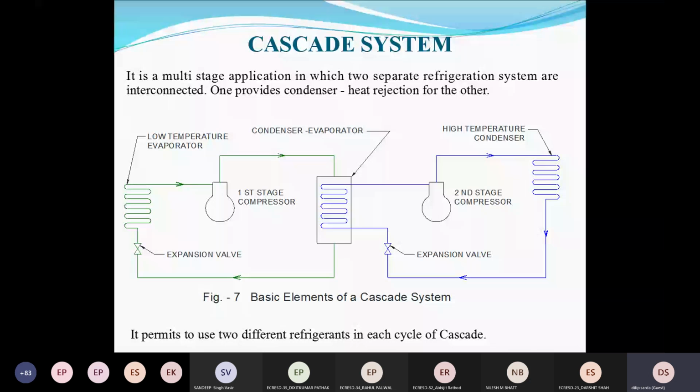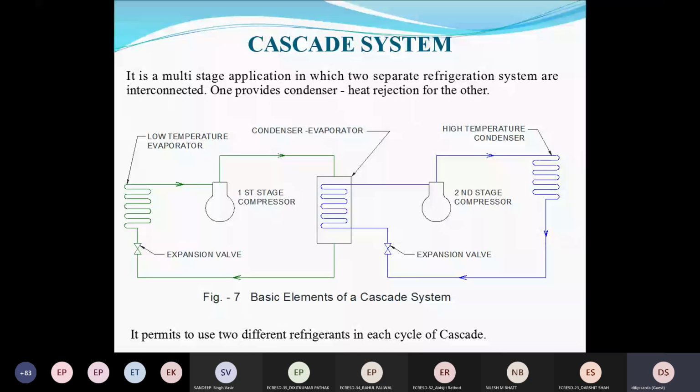So we started talking about subcritical systems, transcritical systems and so many things, and all are doing experiments on that. But this cascade system can be utilized for CO2 and ammonia.